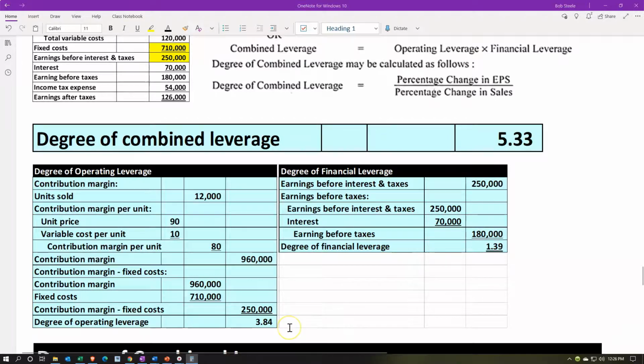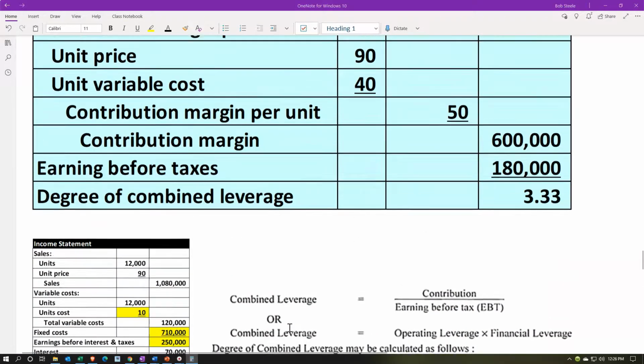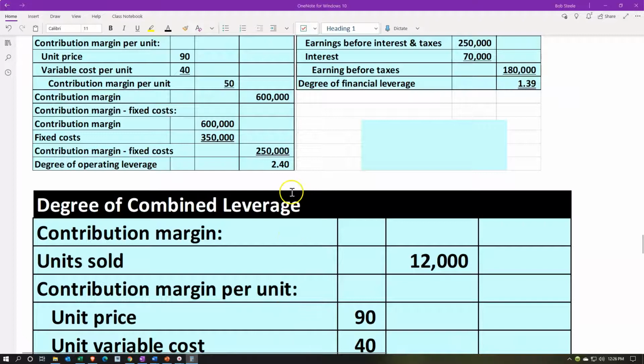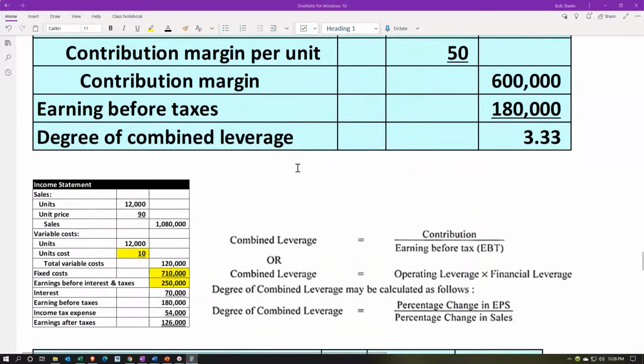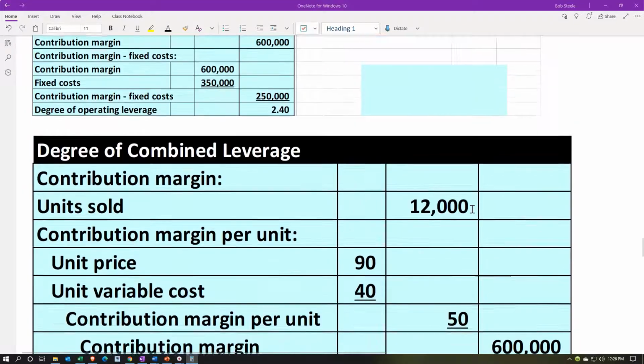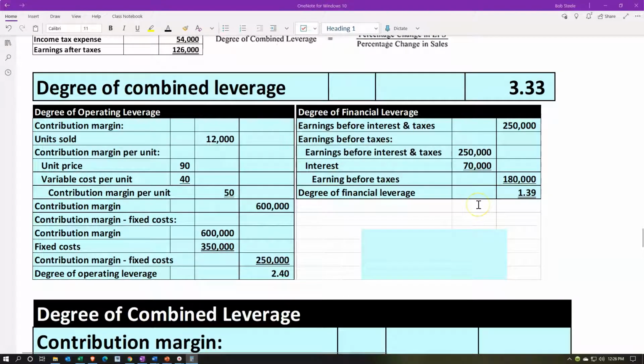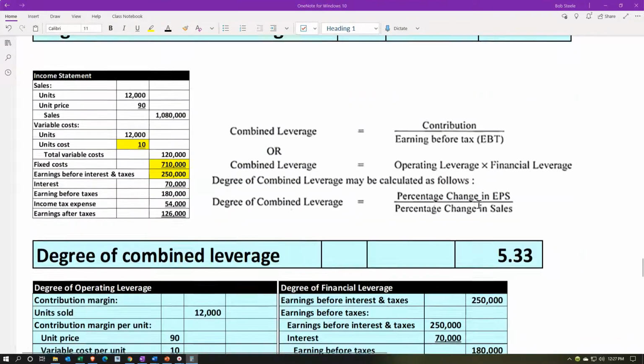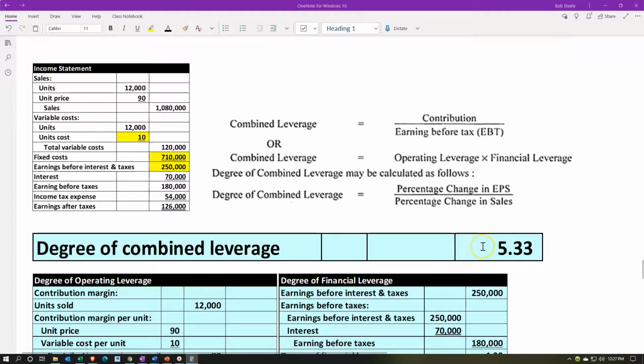Because the degree of operating leverage went up because of the cost structure going up on the fixed cost side versus the variable cost side, and then the degree of financial leverage stayed the same, because there was no effect on the debt, and there was no effect on the operating income, and therefore that increased the operating leverage, increased the combined leverage.